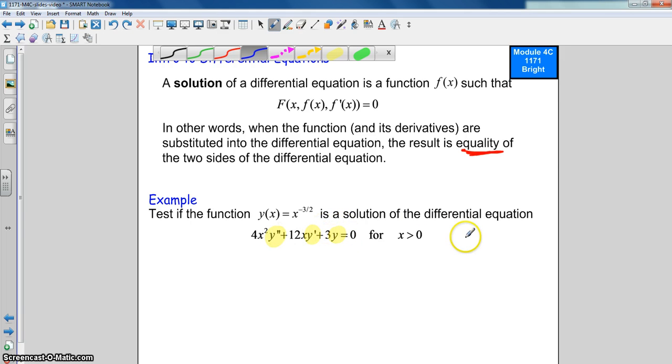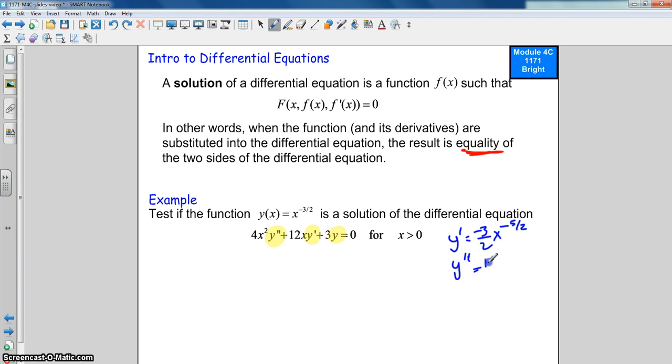I have y, but for y prime, we're going to use the power rule. So bring the power down, minus 3 halves, x to the minus, and now I decrease the power by 1, so my power becomes minus 5 halves. Y double prime, I'm going to get a 15 over 4 after the multiplication, x to the minus 7 halves.